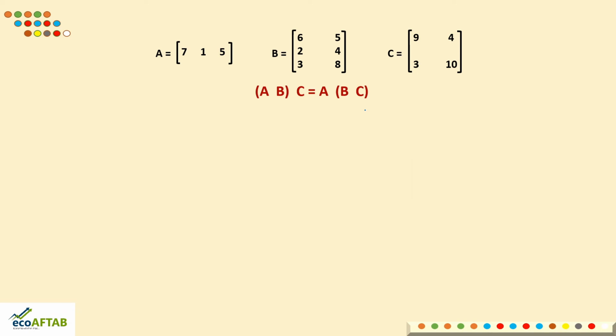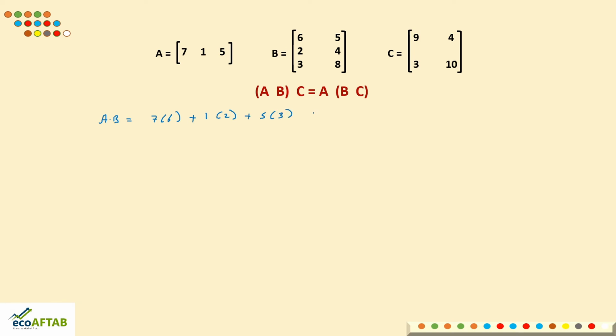So for this, friends, the first one I am taking is matrix AB. A multiplied by B is 7 multiplied by 6 plus 1 multiplied by 2 plus 5 multiplied by 3.